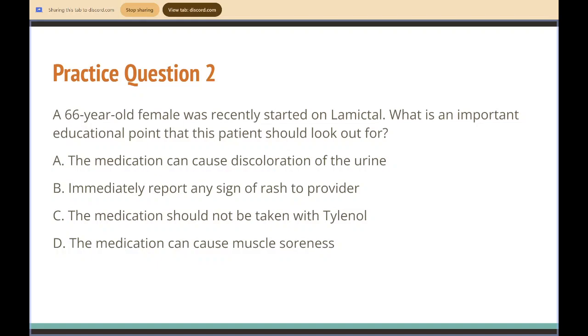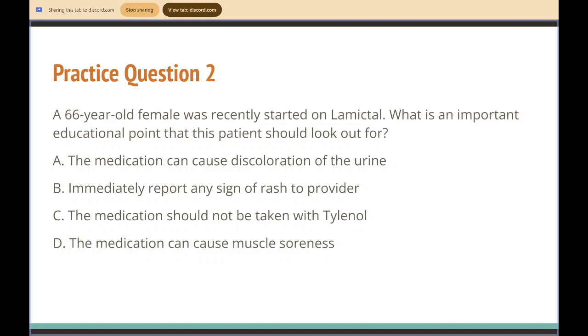So the statistic is within 2 to 8 weeks of starting treatment. However, there can be an isolated case after long-term treatment. So both the prescriber as well as the pharmacist should make sure they counsel the patient about Lamictal and any sign of rash. Very good.